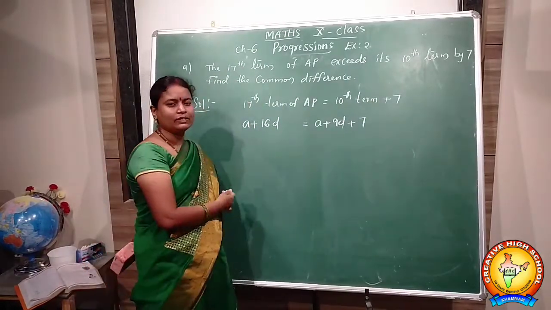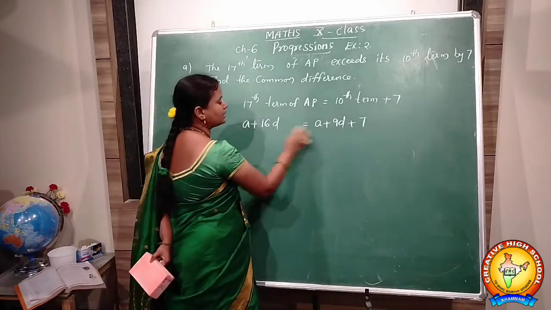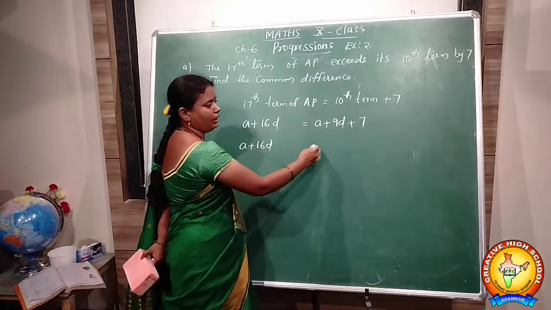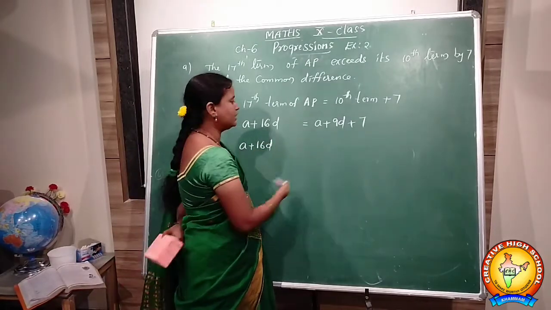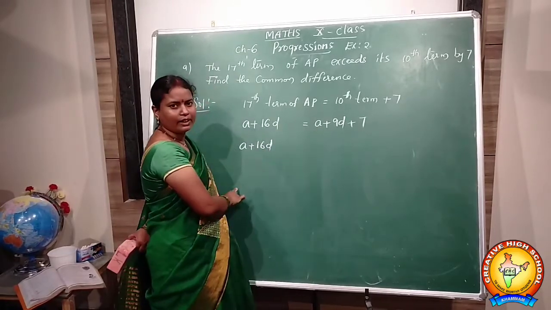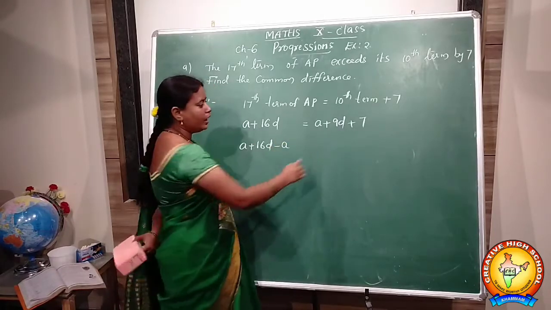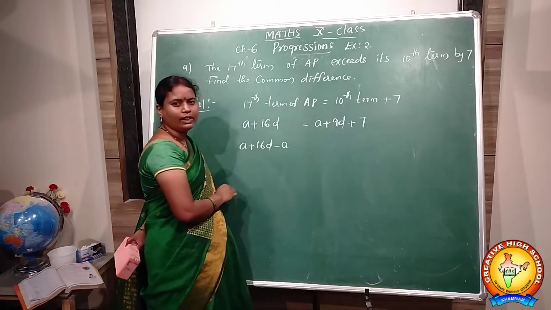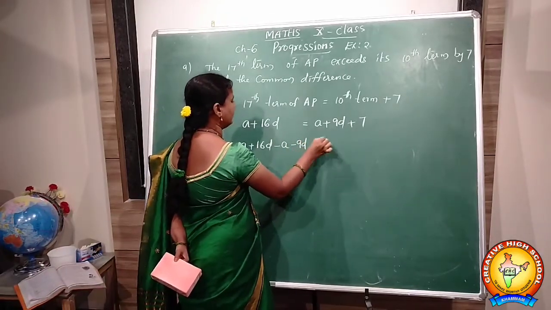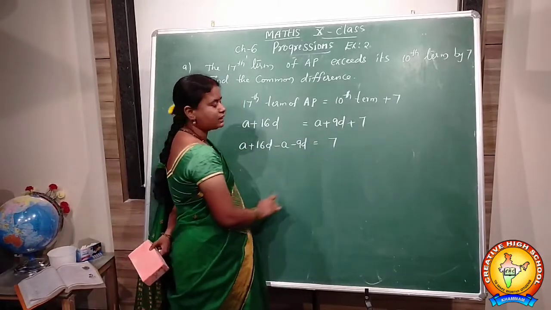So write all the A's on one side, D's on one side and constants on one side. All the variables on the left side and all the constants on the other side. So A plus 16D, plus A, if we write it on the left side of the equal sign, it will become minus A. Plus 9D, if we take it to the left side of the equal sign, it will become minus 9D is equal to 7. See here, we wrote all the variables on one side and constants on one side.